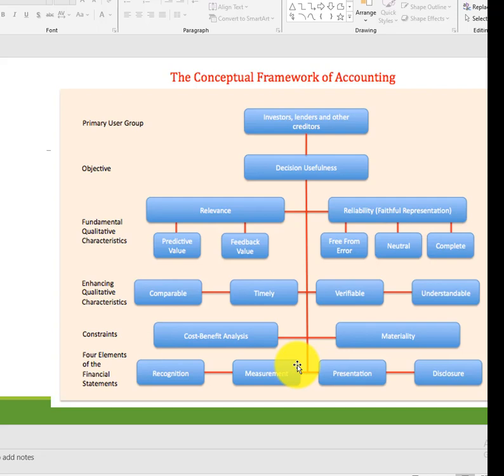Well, we don't know that for sure until we receive it all. But we need to be timely with our information, so we make an estimate of what we aren't going to receive. We do as good a job as we can, making it as verifiable as we can, knowing that it's not perfectly verifiable until the money comes in.